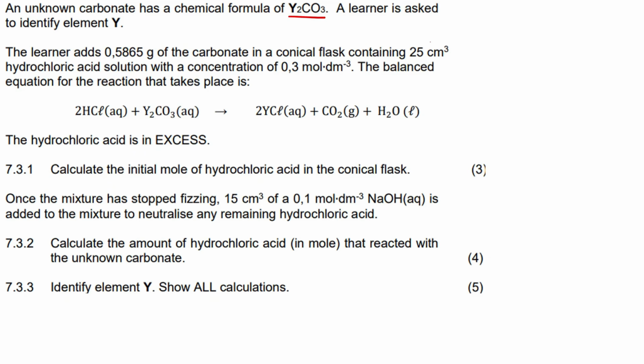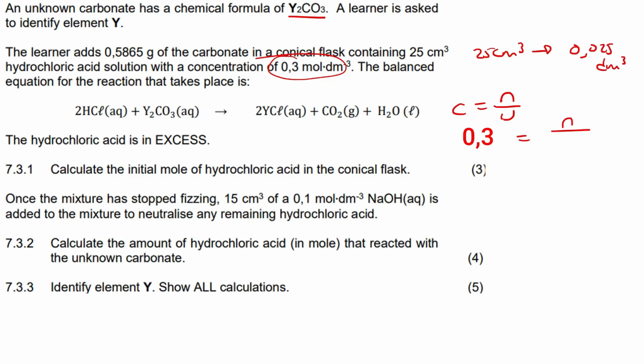That's easy. They gave us the volume of hydrochloric acid and the concentration of hydrochloric acid. So we can just use C equals n over V, where we have the concentration, and the moles is what we're trying to find. And then the volume: remember that 25 cm³ is 0.025 dm³, I divide it by 1,000.